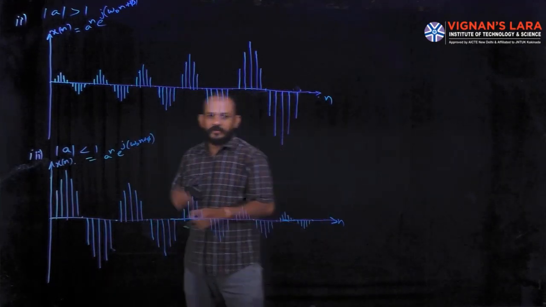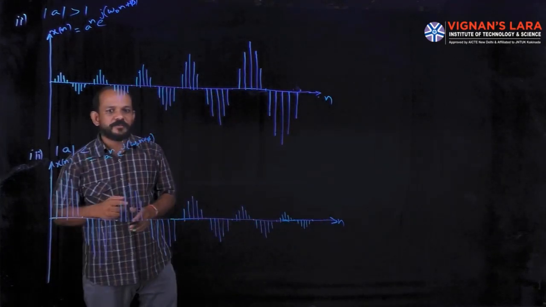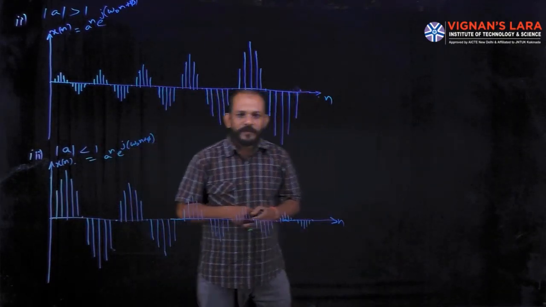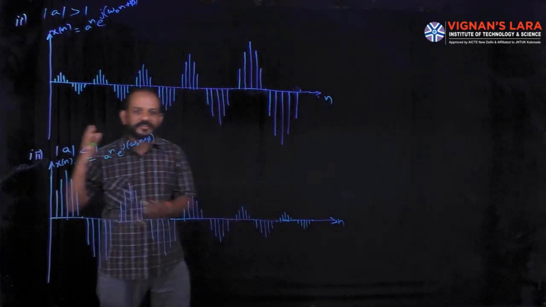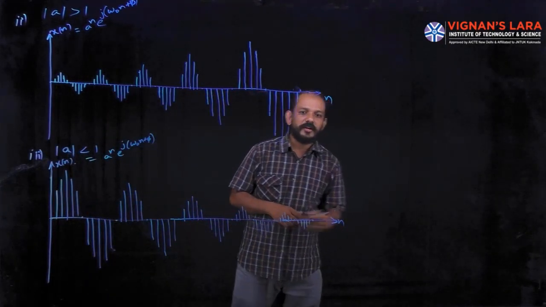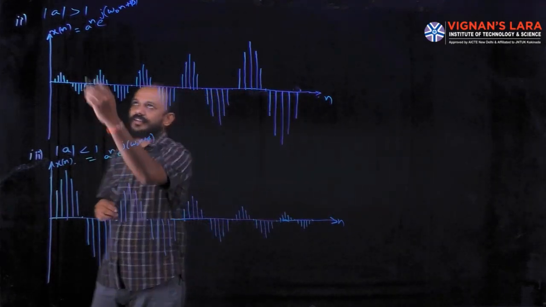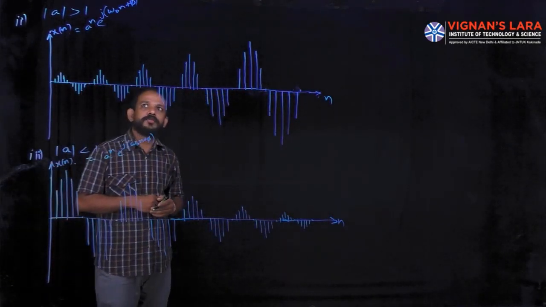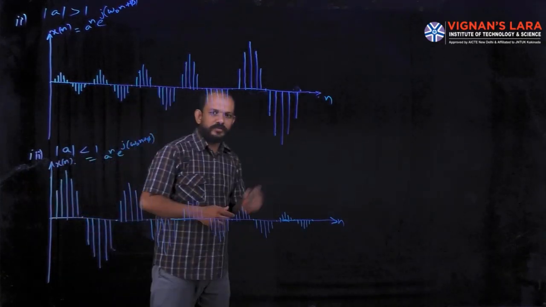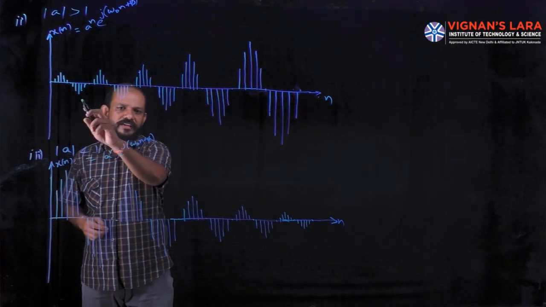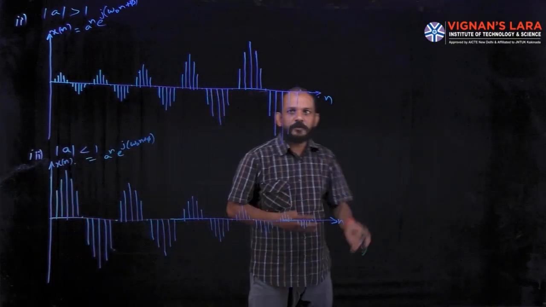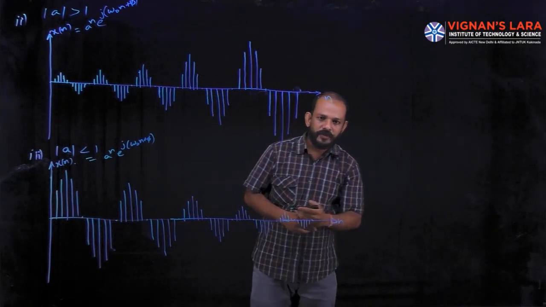The first case for the discrete time complex exponential sequence is mod a equal to 1. There, the real and imaginary parts of the sequence are sinusoidal. In the second case, x of n equal to a power n e to the power of j omega naught n plus phi, mod a is greater than 1, and the amplitude of the sinusoidal signal grows exponentially, as shown in the diagram.